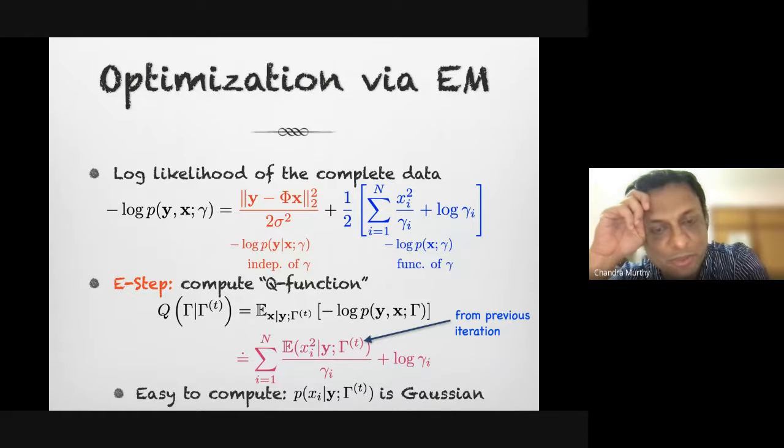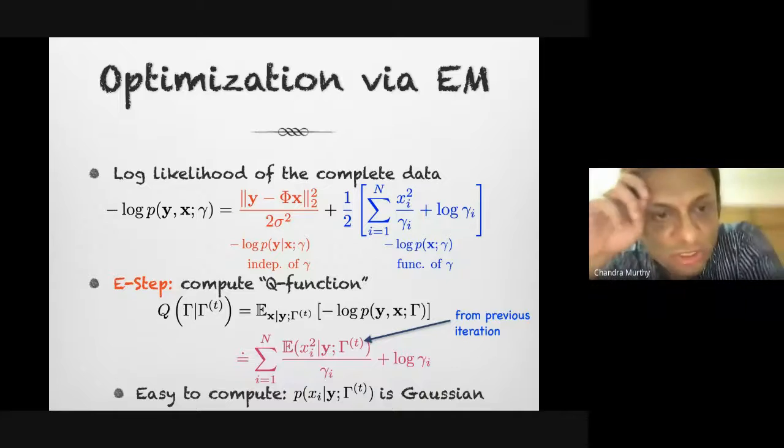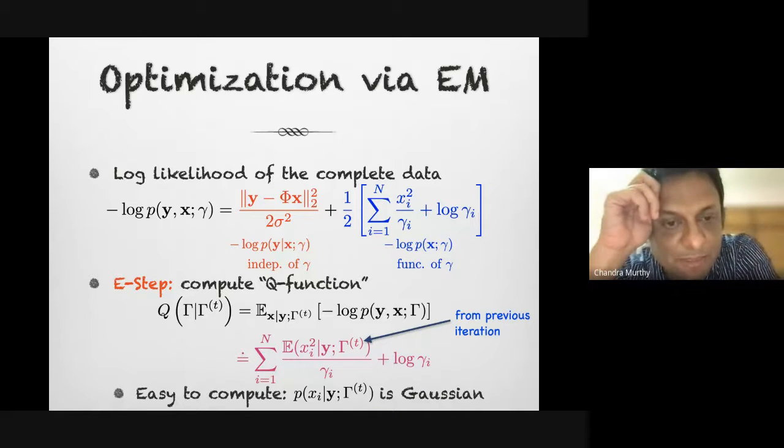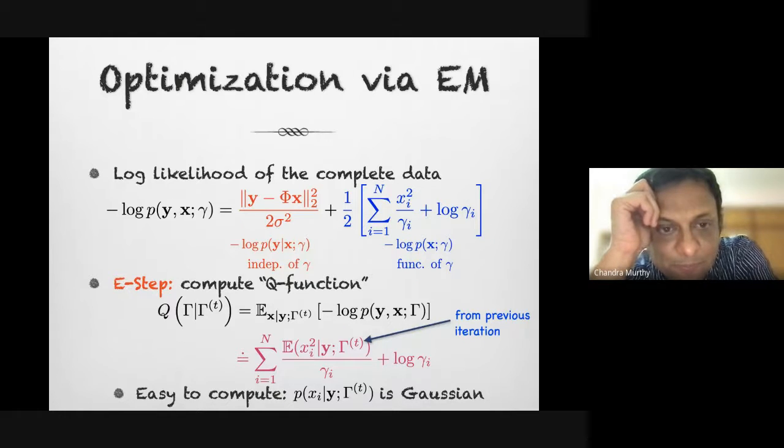To do that, what you do is to look at the log likelihood of the complete data, which is Y and X. If I look at the joint distribution of Y and X parameterized by gamma, that splits as two terms. The first term comes from the fact that Y is Gaussian conditioned on X, so its negative log is just going to be proportional to the norm of Y minus phi X squared over 2 sigma squared.